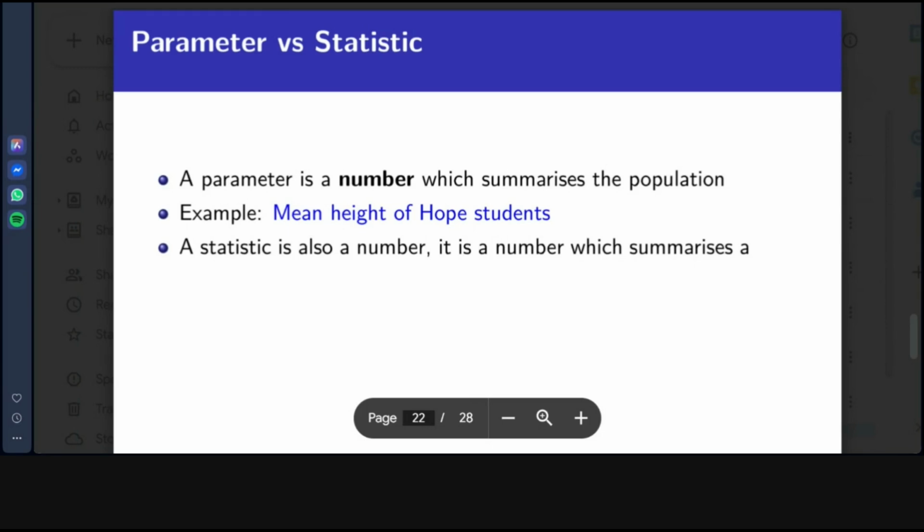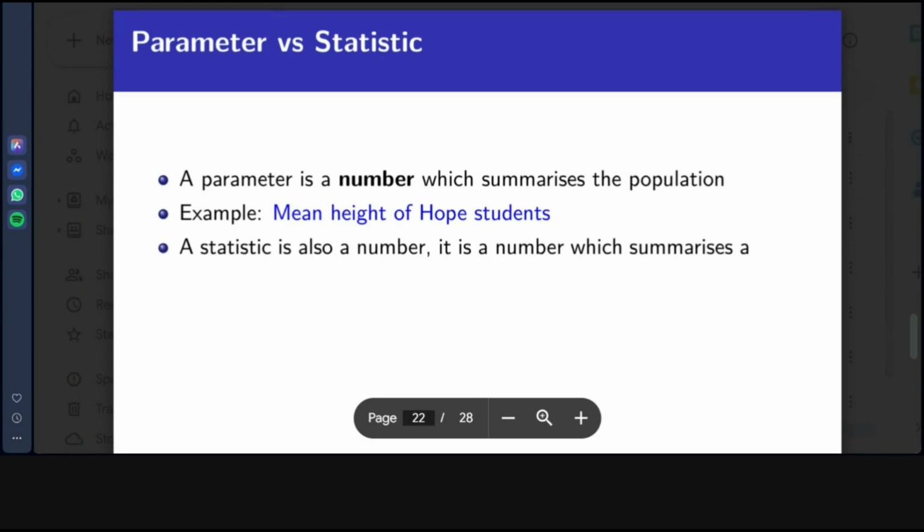P with P. So a parameter is a number that summarizes the population. P with P. Parameter, population. They're not the same thing. Population is a set of things, a set of observational units, but a parameter is a number that summarizes those observational units, all right? So distinguish between the two. They're connected, but they're different.